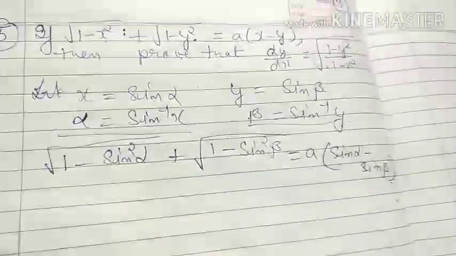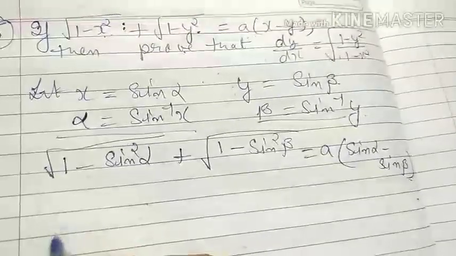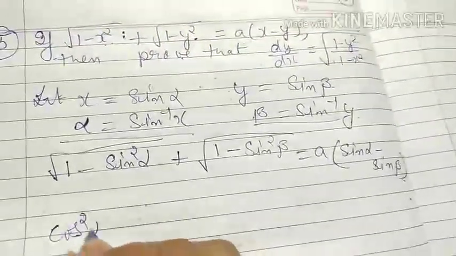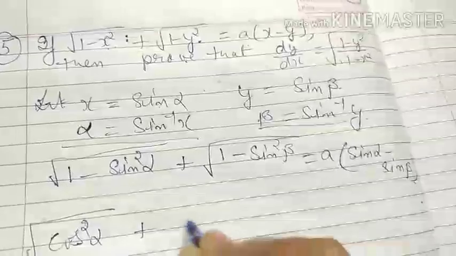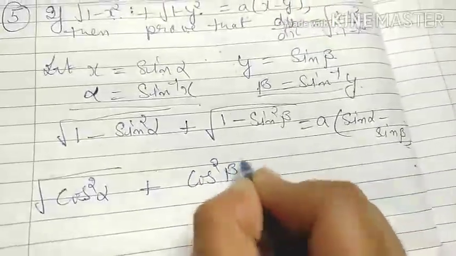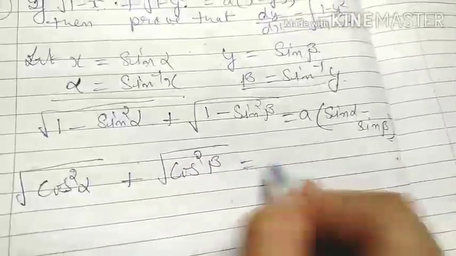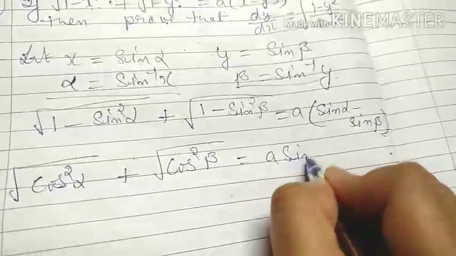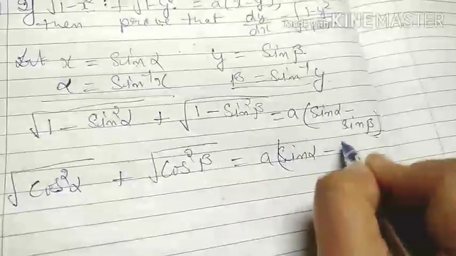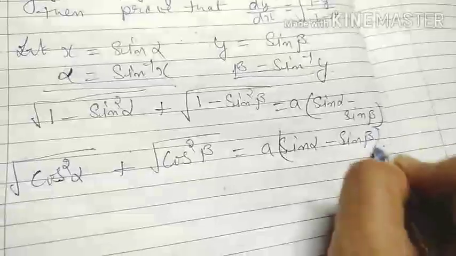So 1 minus sine square alpha becomes cos square alpha, square root plus square root of cos square beta is equal to a times (sine alpha minus sine beta).